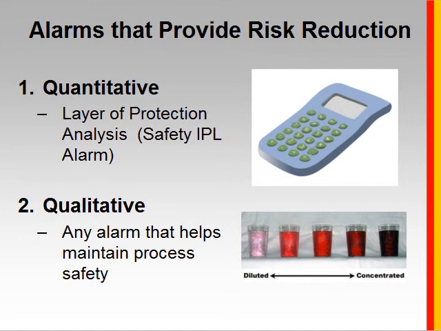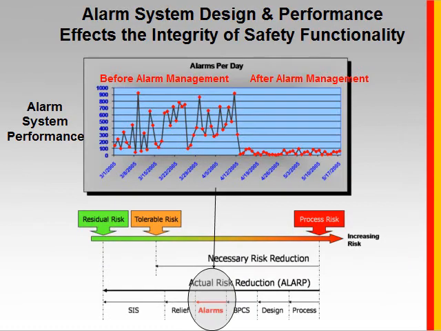So this discussion supports quantitative and qualitative risk reduction provided by alarms. Now, one of the most important things to take from this presentation is that the design and performance of the alarm system affects the integrity of the safety functionality that's provided by either the operator or the safety instrumented system.